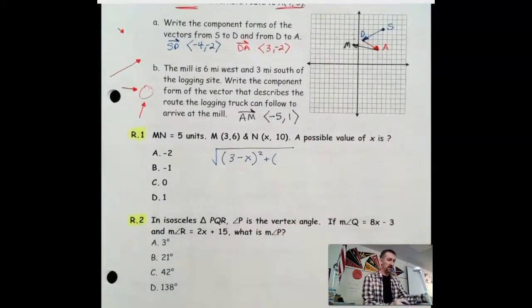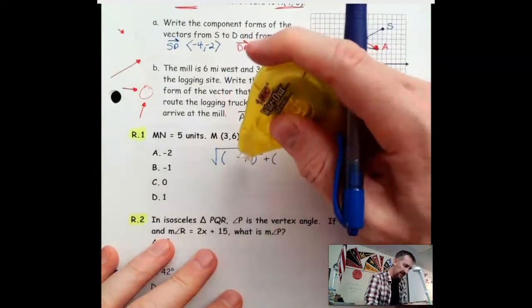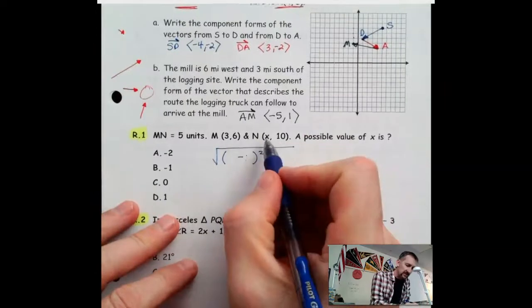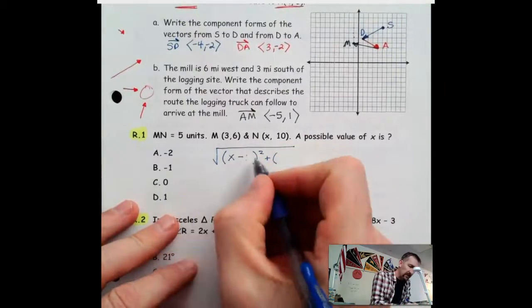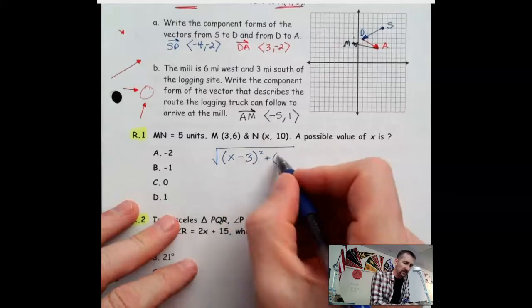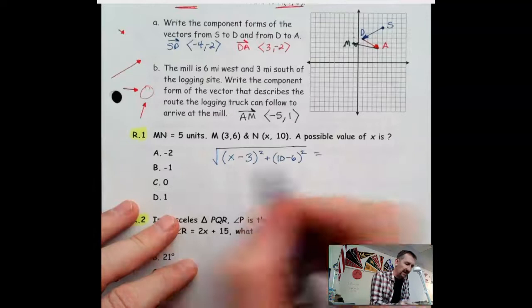I'm going to switch that around. So we can go either direction. I don't really like that x being negative like that. So I'm actually going to switch those. I'm going to do x minus 3, so x minus 3 squared, and then I should do 10 minus 6 squared. Okay, and I know what that distance is.